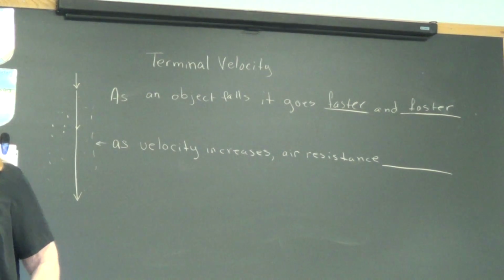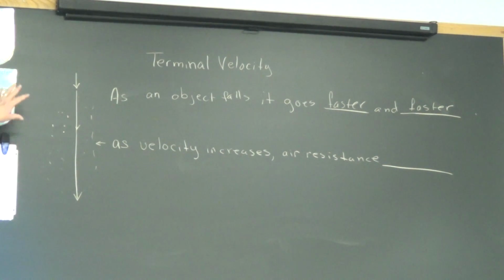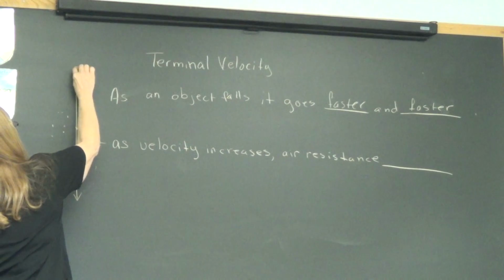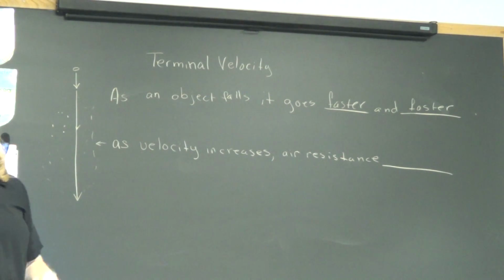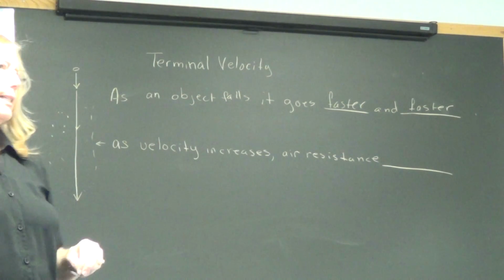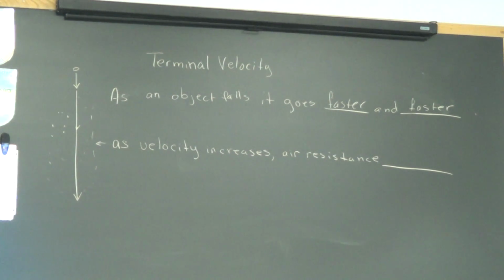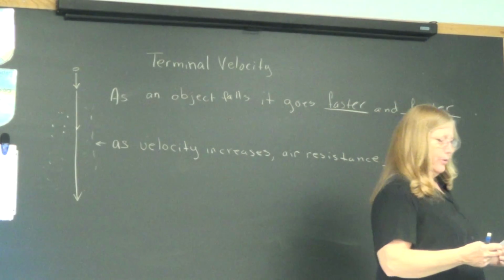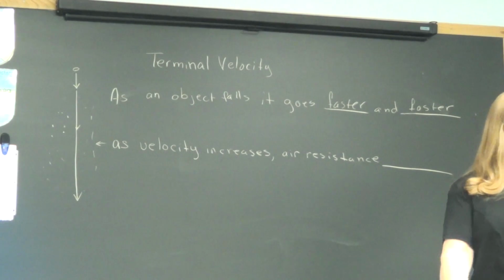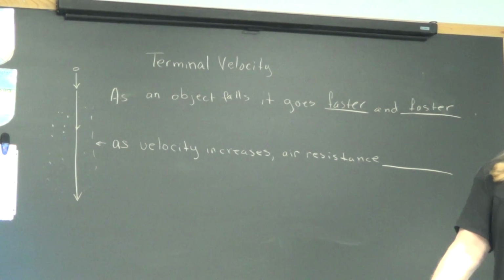Put in what makes sense to you. As an object is falling, my penny again, as it falls toward the Earth and accelerates, going faster and faster, what is going to happen to the air resistance on it as it goes faster and faster? As velocity increases, air resistance, fill in the blank with whether you think it goes up or down, increases or decreases.